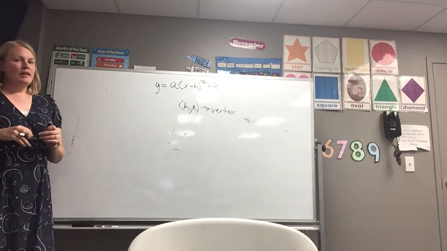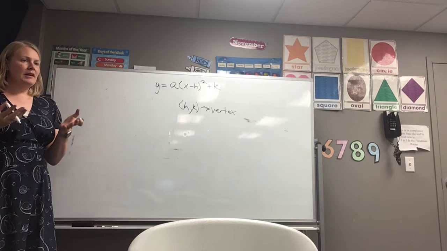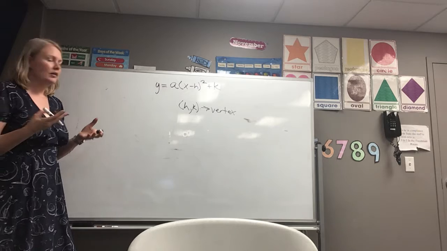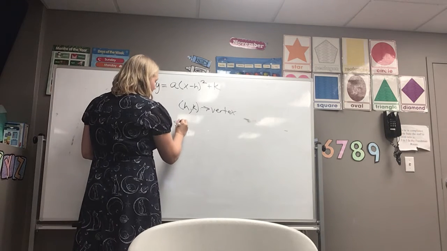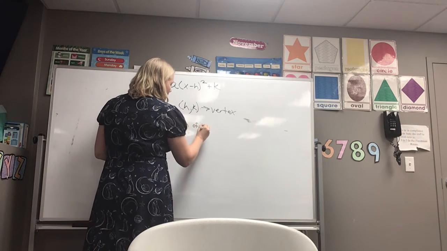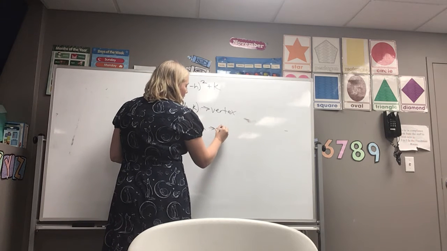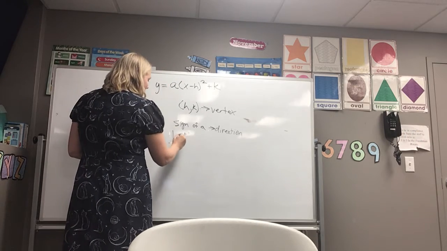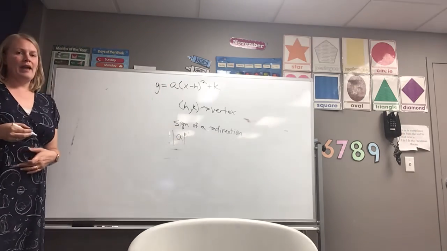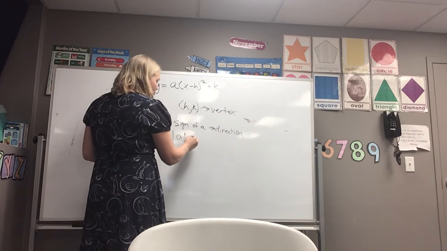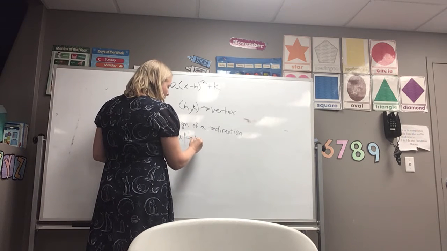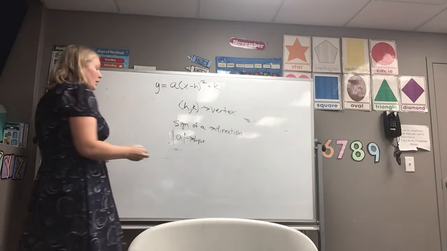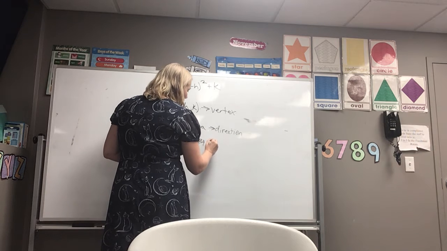A is a single number, but it gives you two separate pieces of information. The sign of A gives us our direction, and the magnitude or the absolute value of A translates into slope, which is the linear version of it, but really it's about the scale factor.